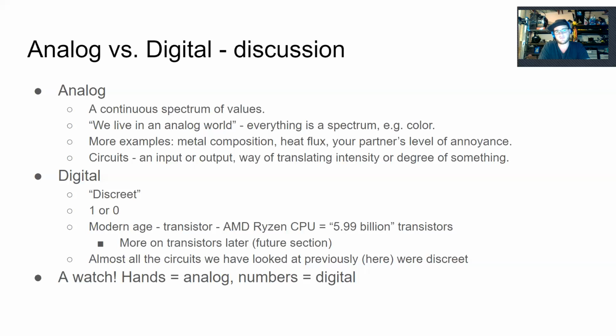And so in the modern age, computing is done using physical arrangements of transistors. And a transistor is a fancy switch that's either on or off. If you're familiar with CPUs at all, for example, AMD Ryzen CPUs have close to 6 billion transistors.